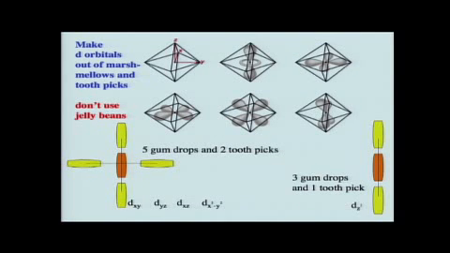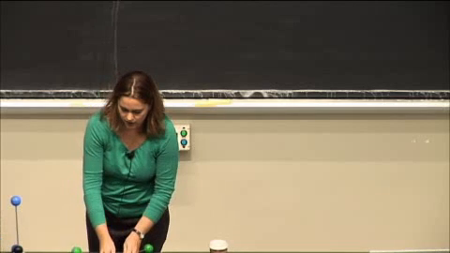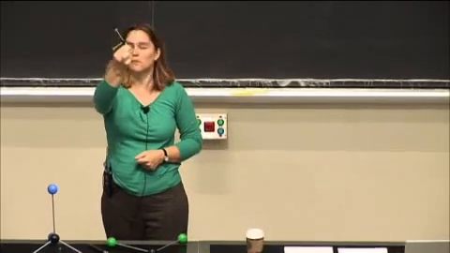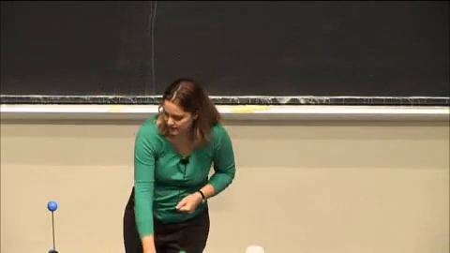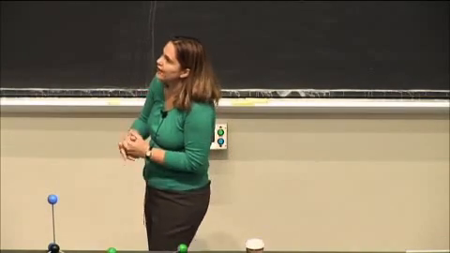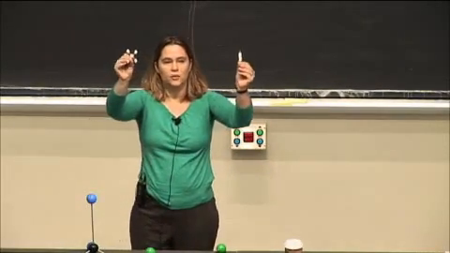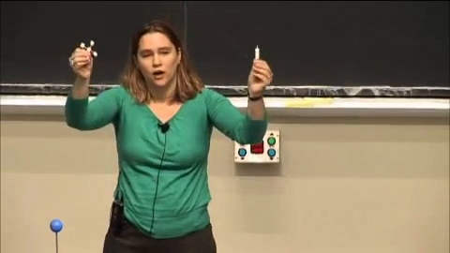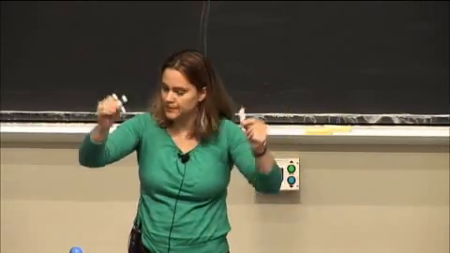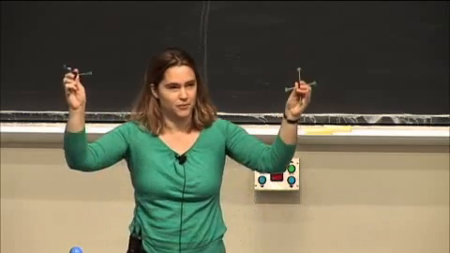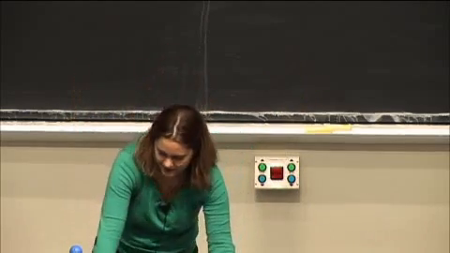Not everyone can have such large models as these, but you can all have your own little models of these geometries. What we have available to you are some mini marshmallows, which, of course, as we all know, are representative of d orbitals, and jelly beans, which we all know are useful for making coordination complexes.